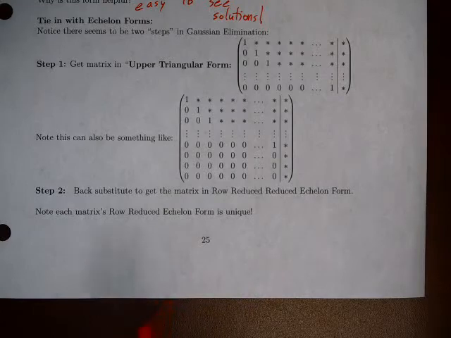So note that every matrix's reduced row echelon form is unique.